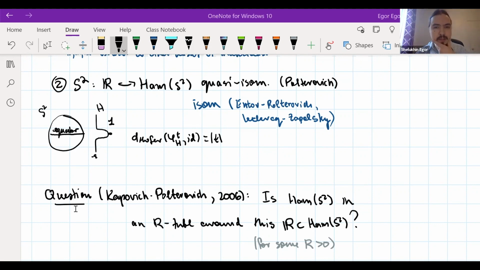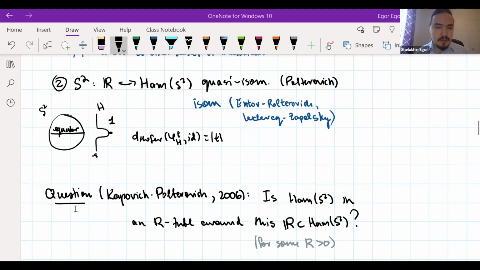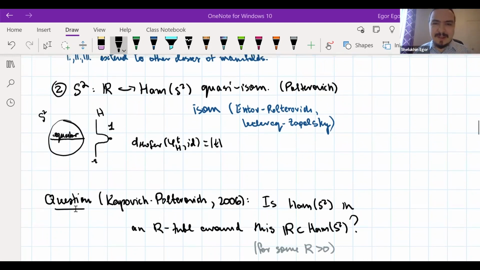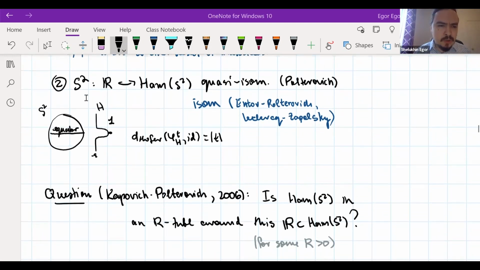And so, to give a normalization, let me describe this embedding into Ham of S2 as follows. We take the equator, and we take a smooth version of the characteristic function of the equator.